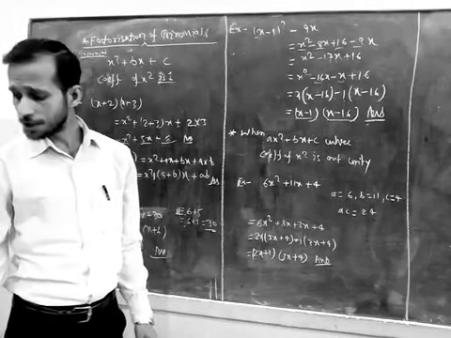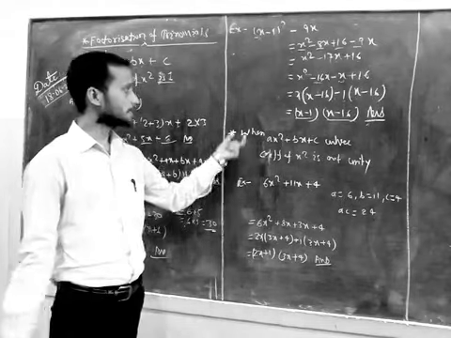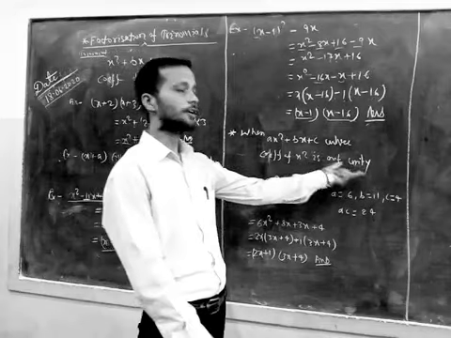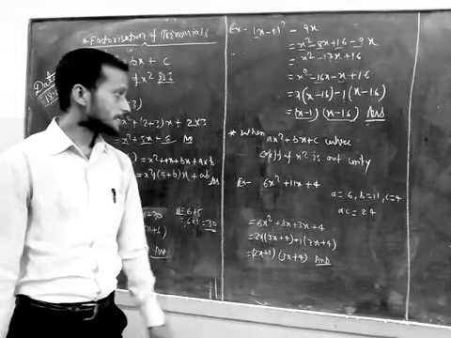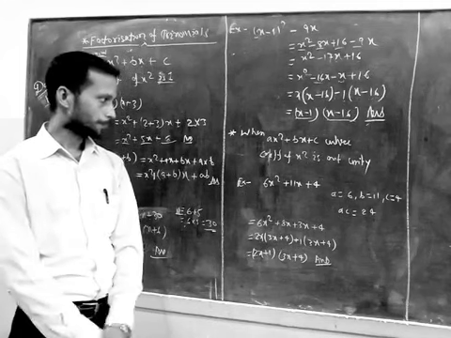Second, when the coefficient of x square is not a unit, that means ax square plus bx plus c, where the coefficient of x square is not unity. For example, 6x square plus 11x plus 4.